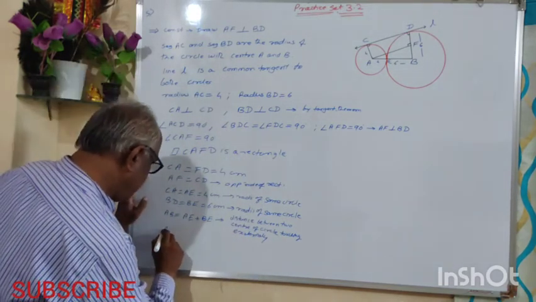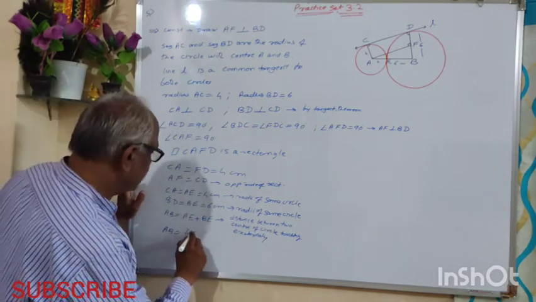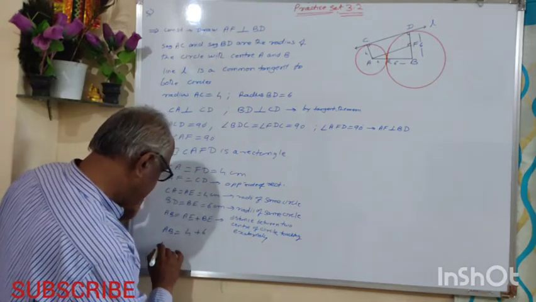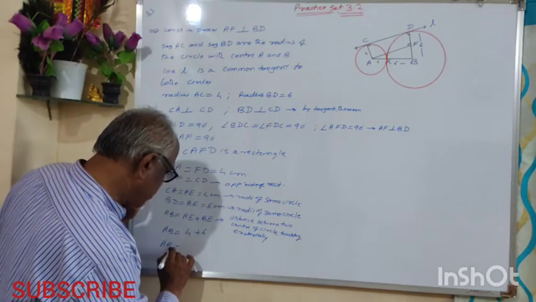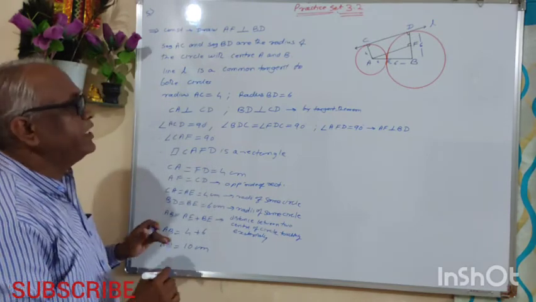Therefore AB is equal to AE is 4 plus BE is 6. Therefore AB is equal to 10 centimeter.